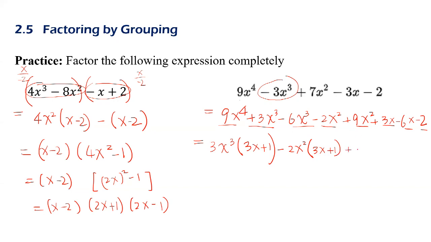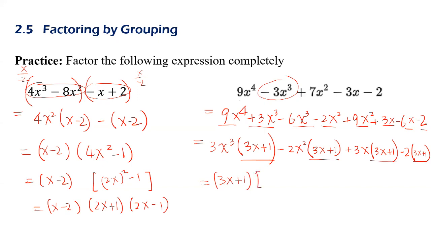And next two terms, greatest common factor is 3x, and then what's left is 3x plus 1. And last two terms, if we put a minus 2 in front, what's left there is also 3x plus 1, right? So by this, we can have a common factor of 3x plus 1.